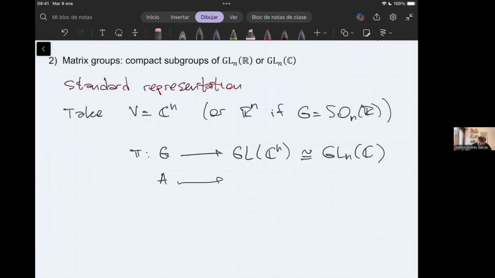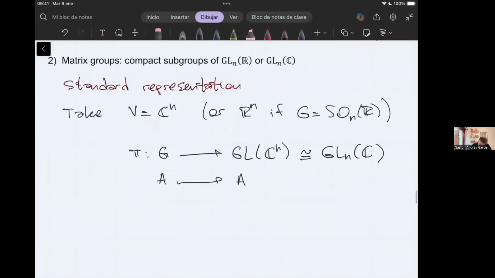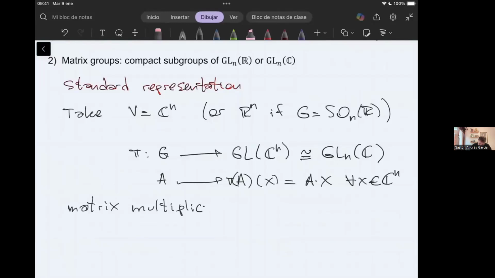We send it to the map given by pi(A) of any element x is just A x, for any x in C^n. So it's given by matrix multiplication of one column, okay? C^n is one column, so we see x as a column.